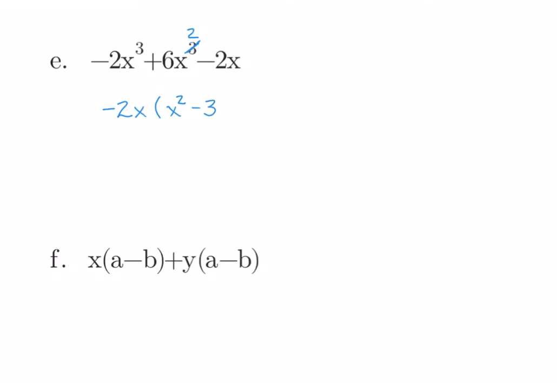X squared, if I factor out 1, I am left with 1. And negative 2x divided by negative 2x leaves me plus 1. Okay, so those are some examples of factoring out a negative.